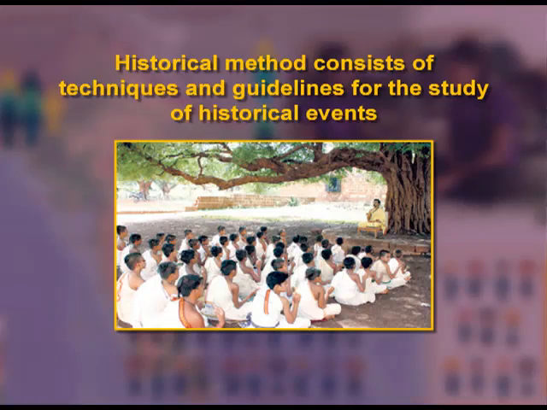Historical method consists of techniques and guidelines for the study of historical events. It comprises the techniques and guidelines by which historians use primary sources and other evidences to conduct research and then to write histories in the form of accounts of the past.